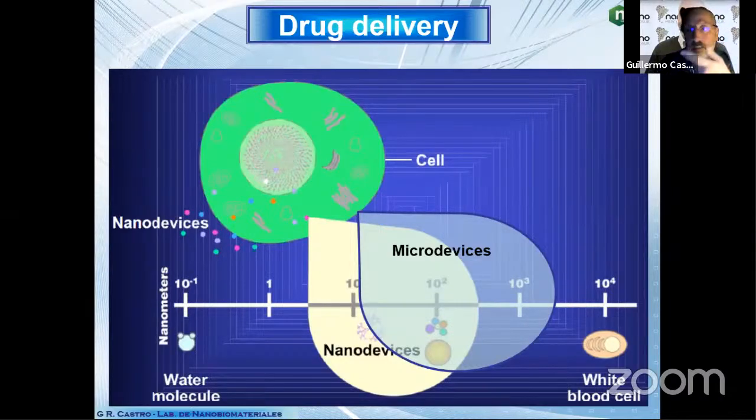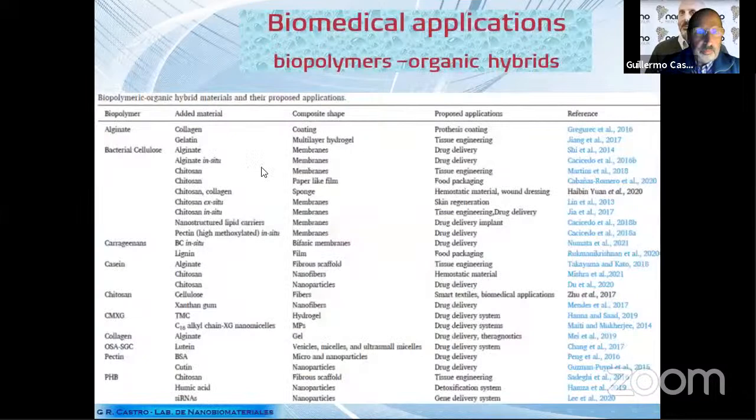Because if the diameter of the particle is less than 1 micrometer, they will go to the capillary system. But if it is higher than 5 micrometers, the macrophage will be in charge of that, so they will just disappear from the bloodstream.